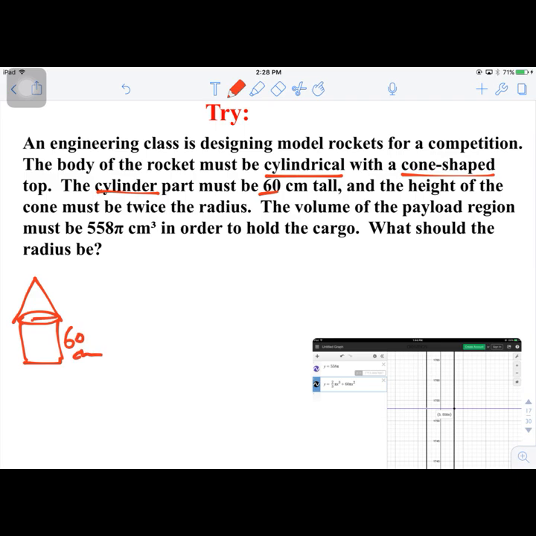So if we let the radius be r, then the height of the cone must be 2r. So for the cone formula, the volume of a cone is 1/3 pi r squared h.